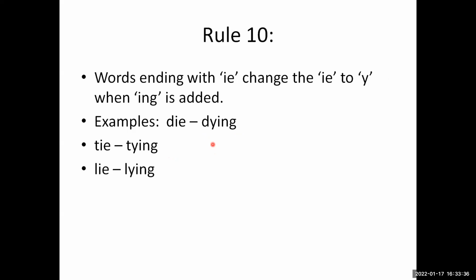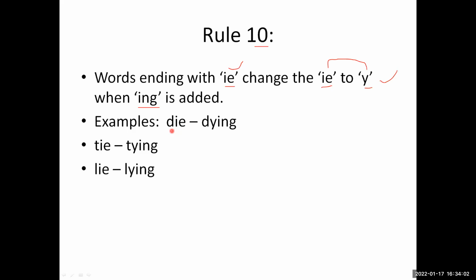Then next we have rule number 10. This says words ending with IE, change the IE to Y. What happens? Any word ending with IE, that IE will be converted into Y when the ing is added. If the suffix is ing, in that case IE will be removed and Y will be added.